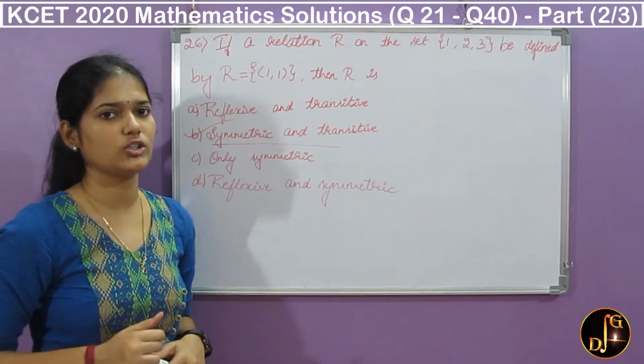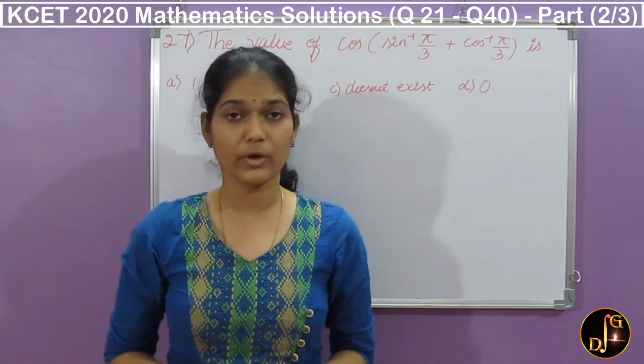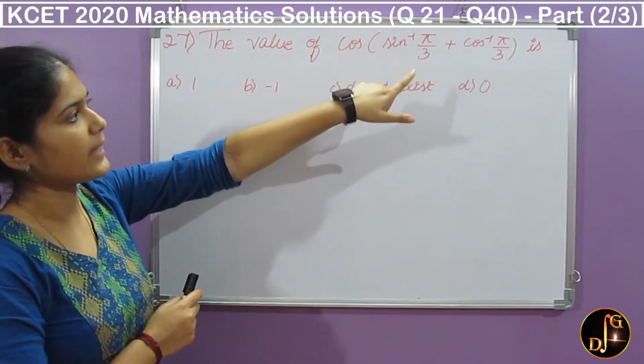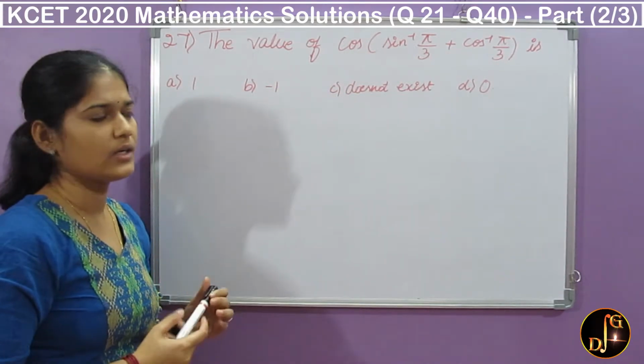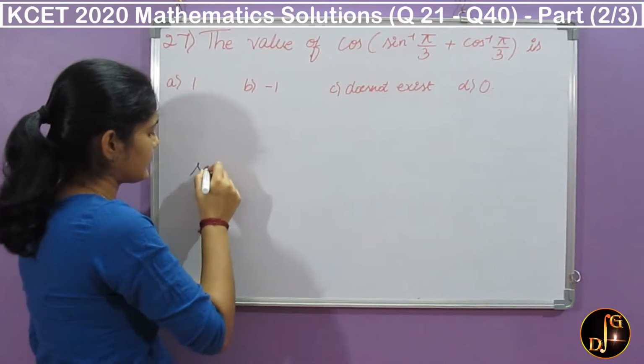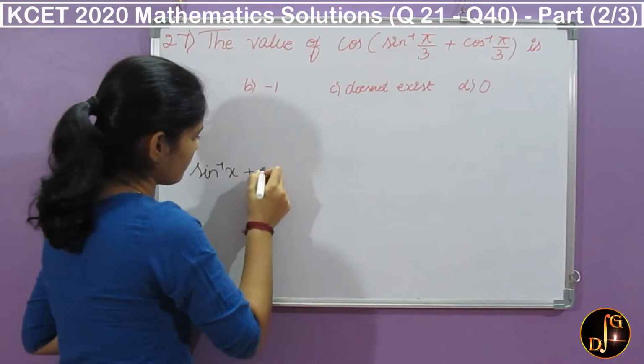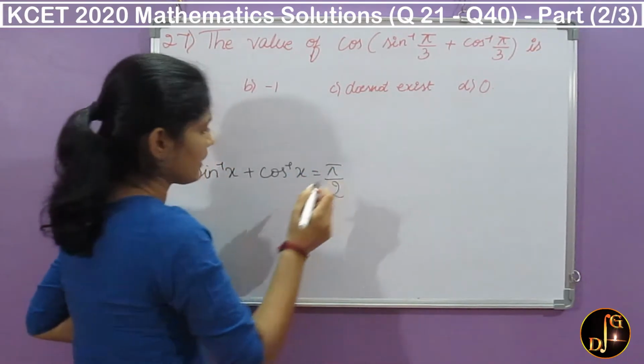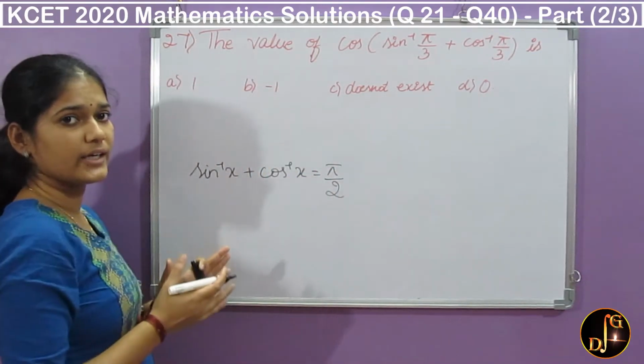Now let's move on to the next problem. In this problem, we have to find the value of cos of sin inverse pi by 3 plus cos inverse pi by 3. We know the formula, that is sin inverse x plus cos inverse x is equal to pi by 2, right? But can we apply this formula here?